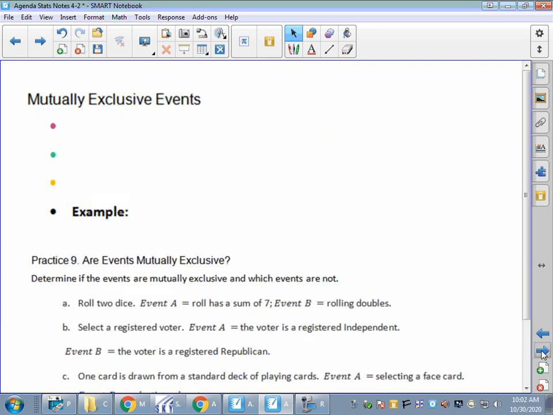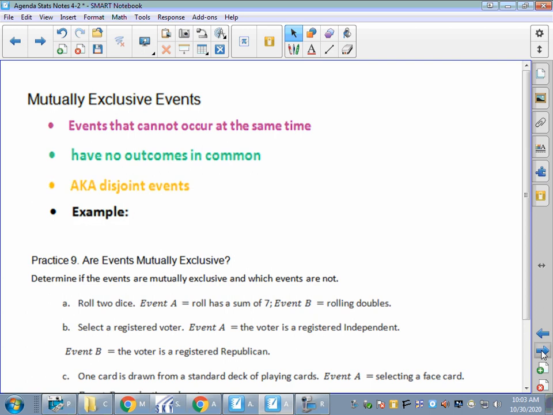So let's talk about mutually exclusive events. Mutually exclusive events are events that cannot occur at the same time. It just can't happen. You can't be a freshman and a senior at Marine City High. Those are mutually exclusive. They can't occur at the same time. So they have no outcomes in common. And in the book, they call them disjoint or disjointed events.